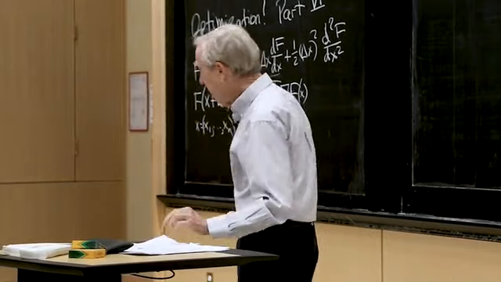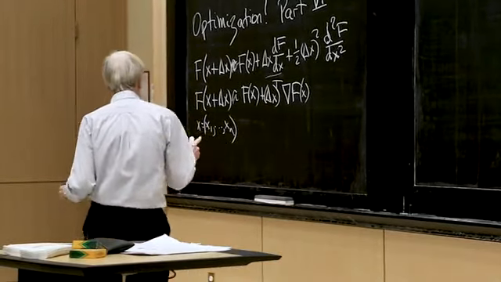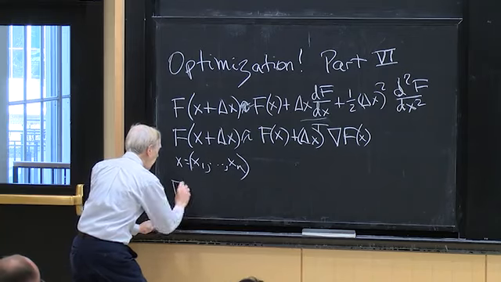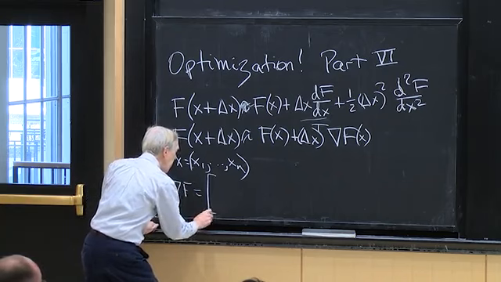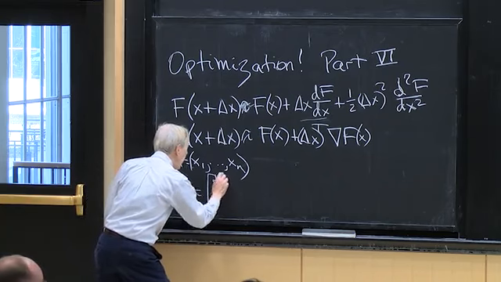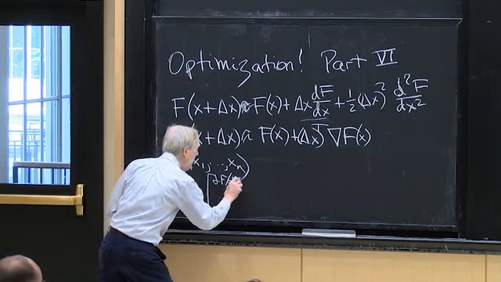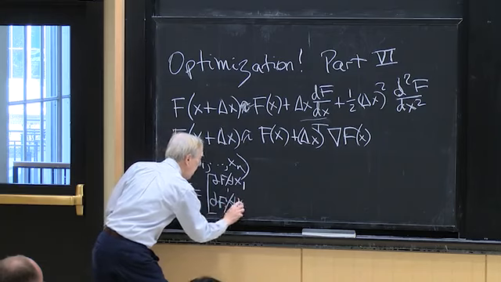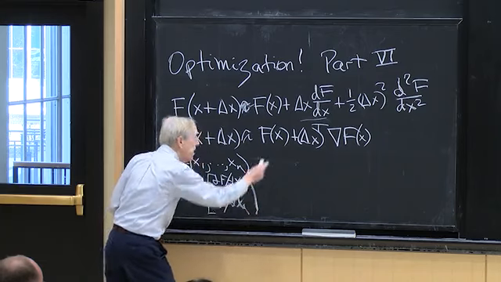It'll be the partial derivatives of the function f. So grad f is the partial derivative of f with respect to x1 down to the partial derivative with respect to xn. Okay, good. That's the linear term.